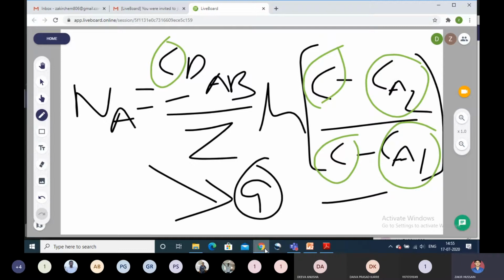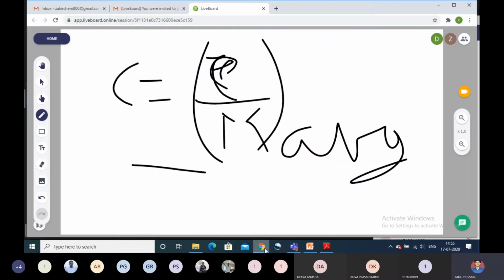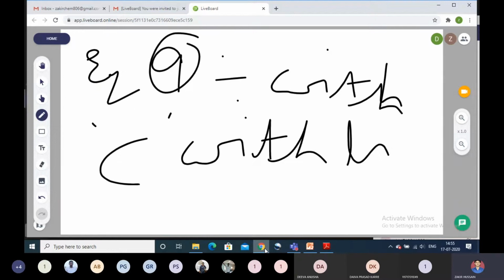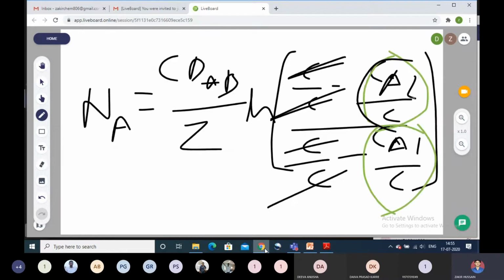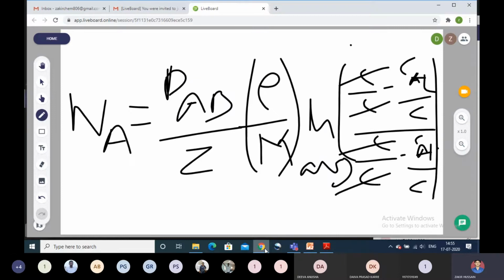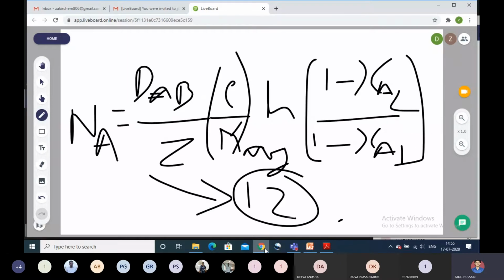Equation 9 is for concentrations, and equation 10 is applicable for liquids, when we substitute rho by M average in place of C. Equation 11 is for mole fractions, when the concentrations are expressed as mole fractions. Similarly, equation 12 is also for mole fractions, especially for liquids, where in place of C we have substituted rho by M average. These four equations are very, very important.